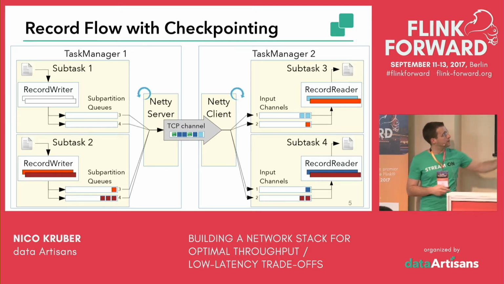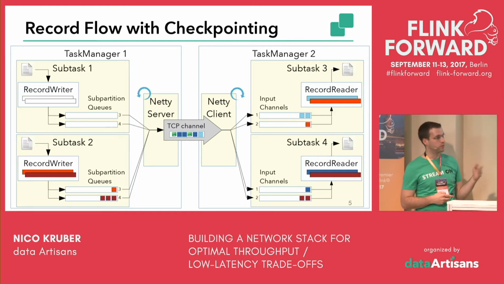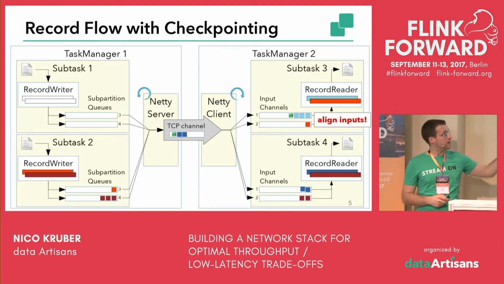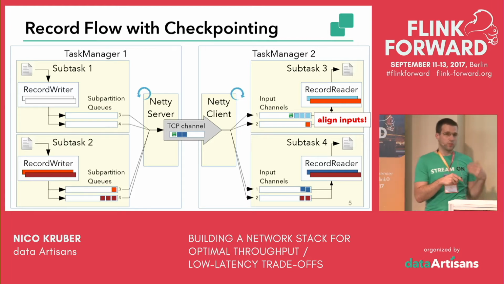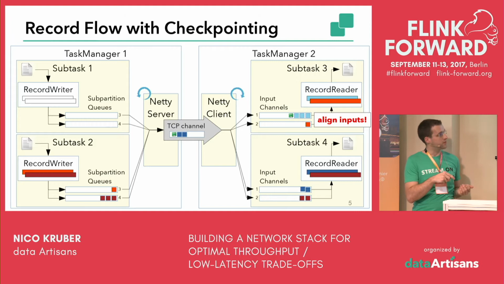In the next step, the receiver will poll this TCP connection and get the events one by one. They will flow into the input channels where they belong. In input channel 1, we got the checkpoint barrier from subtask 1. Whenever we read this, we need to align the other input as well, from subtask 2.